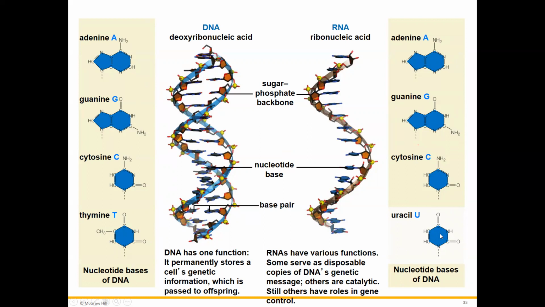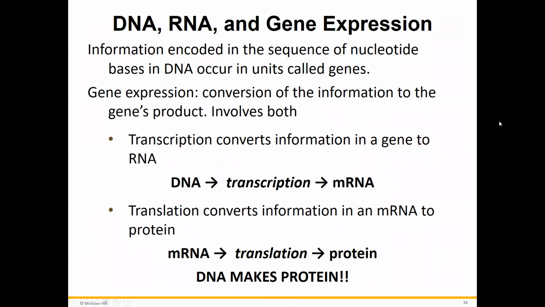Even uracil, which is different than the thymine, it's still a single ring structure. So the structure is important. And when you put these all together in an RNA molecule, it looks like a single-stranded string of nucleotides.